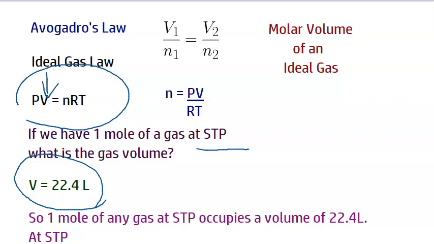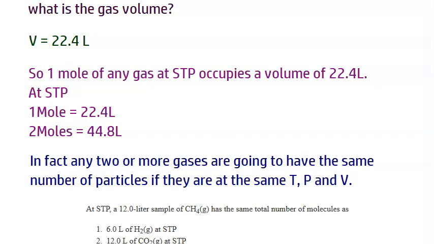Now, 1 mole of a gas, that could be any gas. It could be hydrogen, helium, carbon dioxide, etc., is going to occupy that exact same volume as long as you have standard temperature and pressure. As long as you're at STP, we got that 22.4 liters.